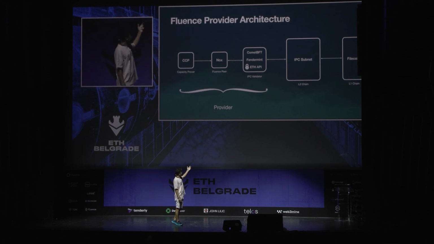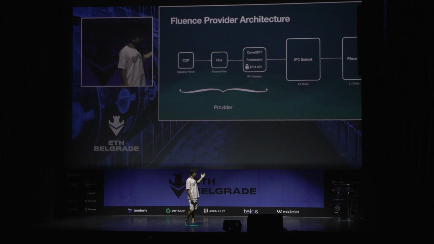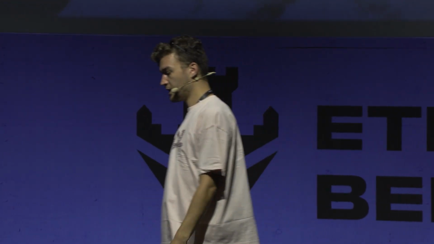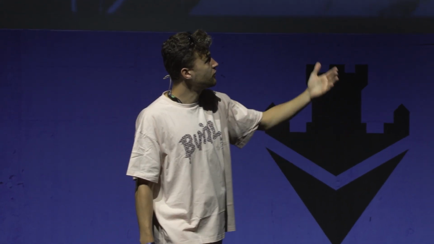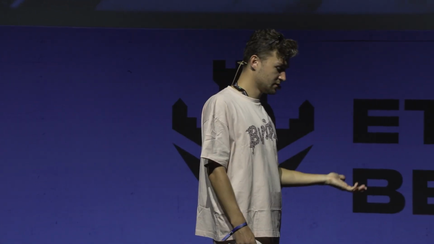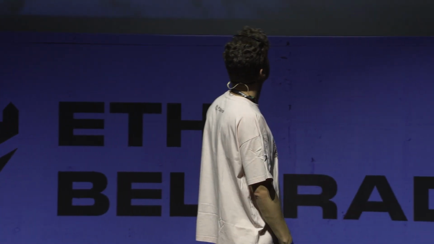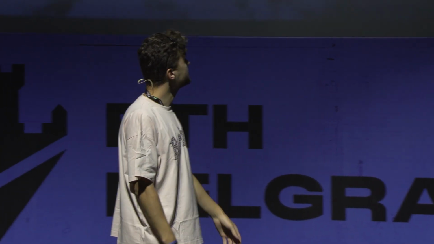The provider, whether they have a validator or not, is connected to the L2 blockchain powered by IPC. And finally, it's parented to Filecoin, be it Calibration for testnets or mainnet for mainnets.